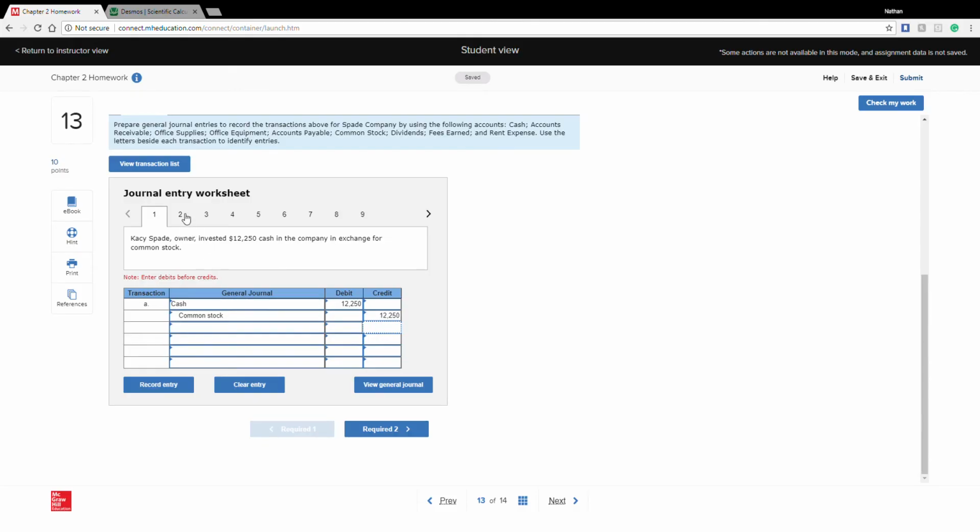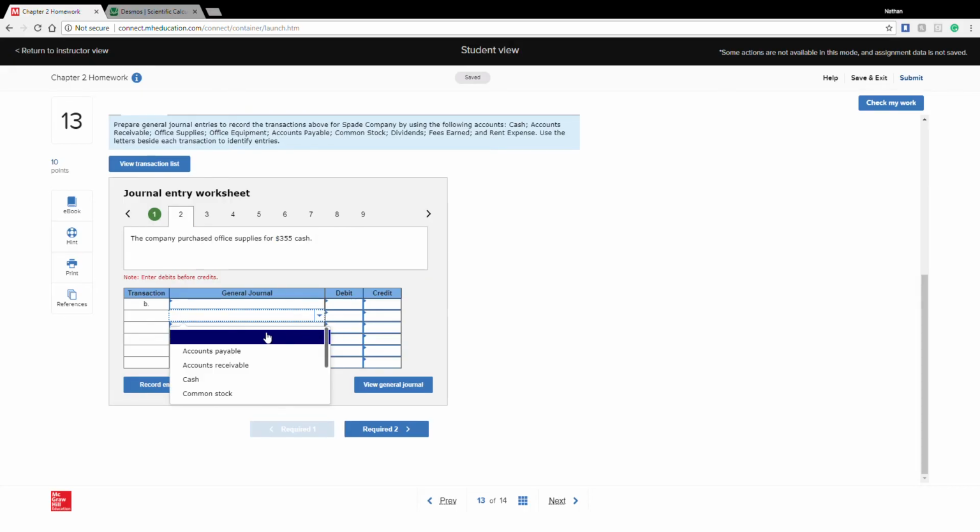Now I'm going to go through the whole journal entries first, and then we're going to post them all to the T accounts. So 2, company purchase office supplies for cash. Again, it's for cash. We'll lose in cash. So I immediately know that's my credit. We know office supplies, there would be my debit. So 355. 355. Boom.